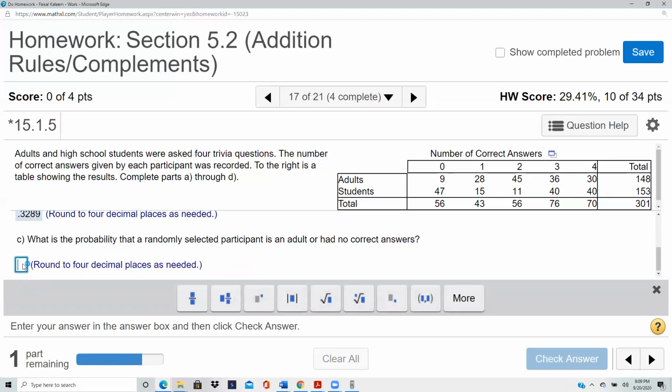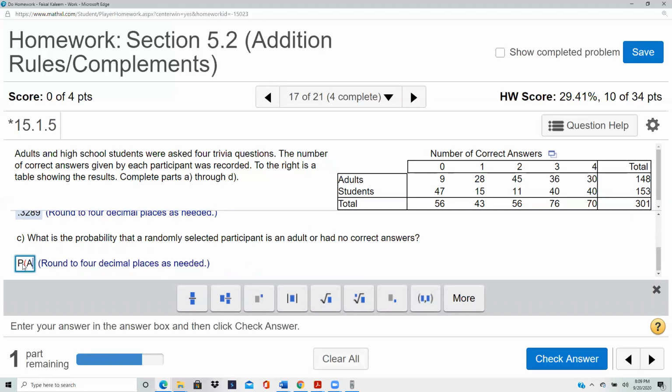So it's like probability adult or 0. So according to the formula, it'd be probability of adults plus probability of 0 minus probability of adults and 0.